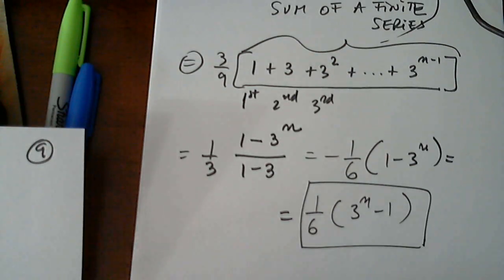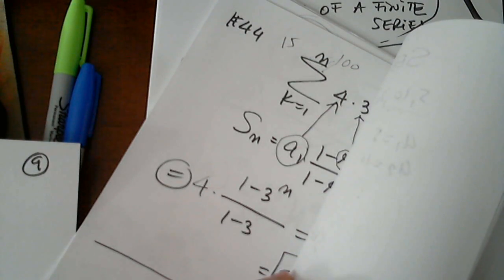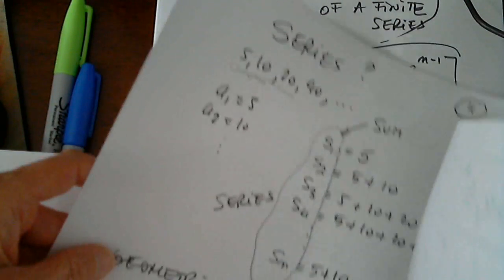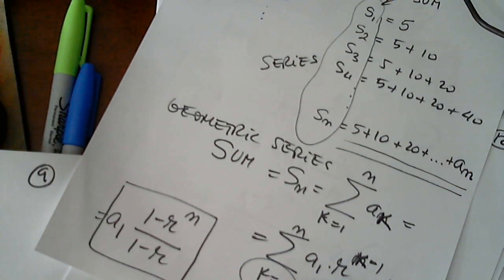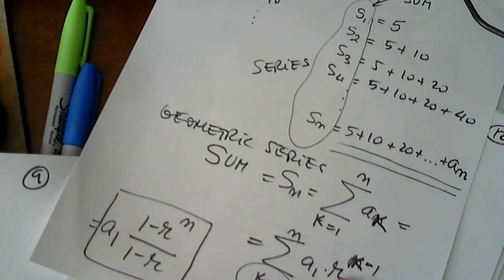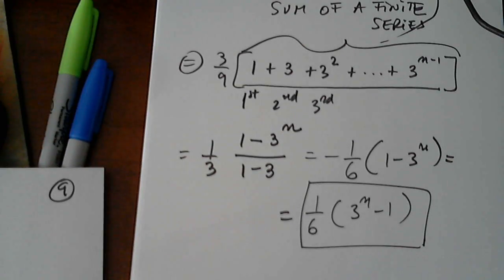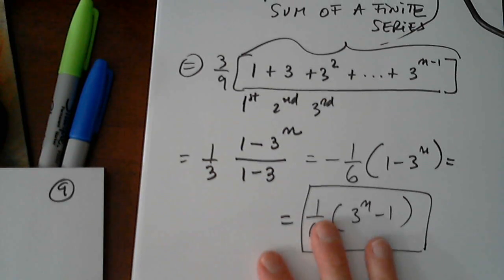So careful, the requirement is a1, the first term, times r to k minus 1 to get the sum. That's the requirement for the formula.